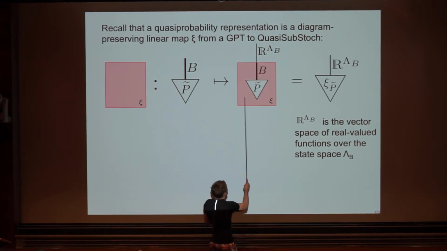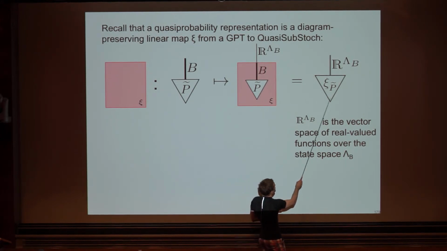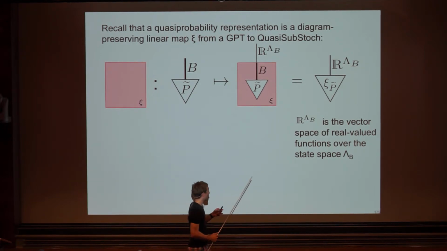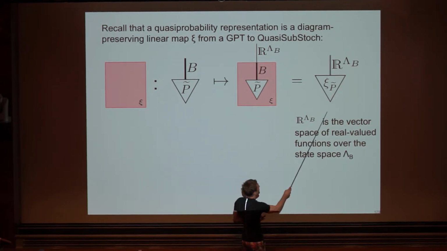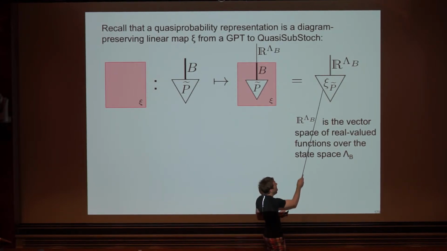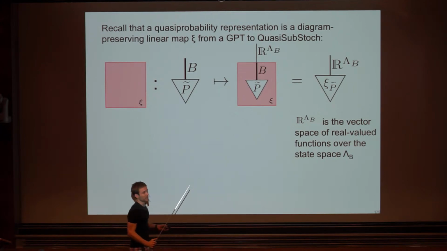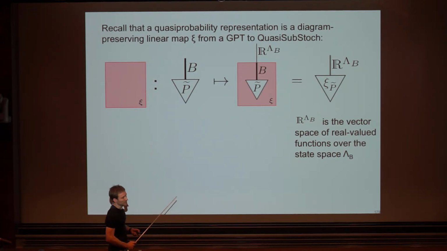So in particular, this object here is just equal to a real-valued function on the ontic state space of B. Such a function, because it has no inputs and it has an output, is just a probability distribution in the case where they all happen to be positive.